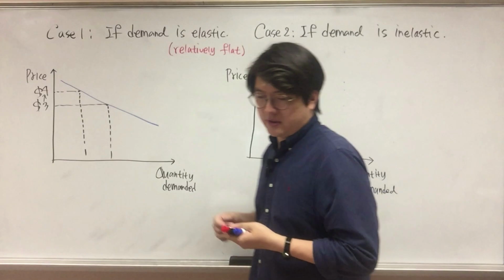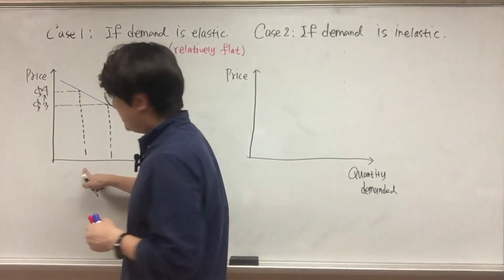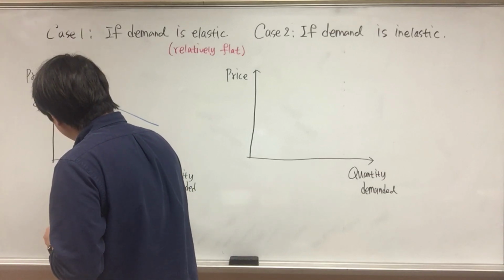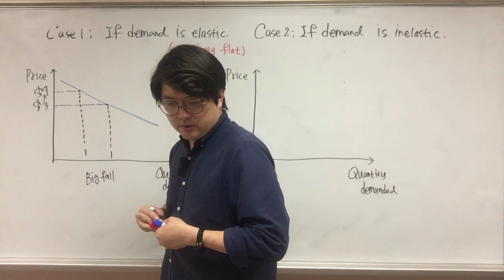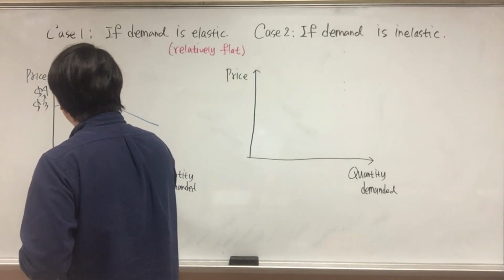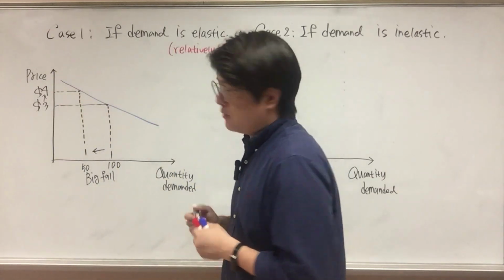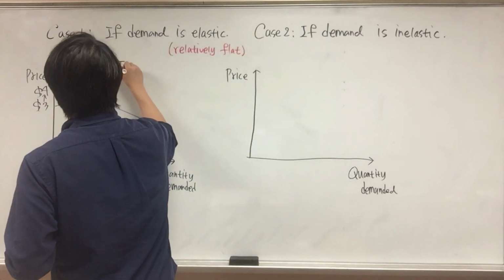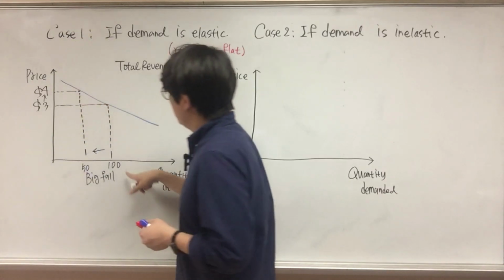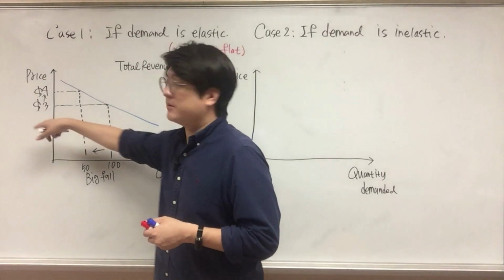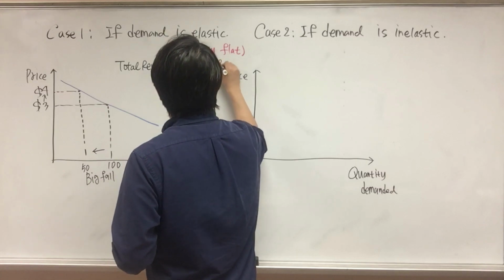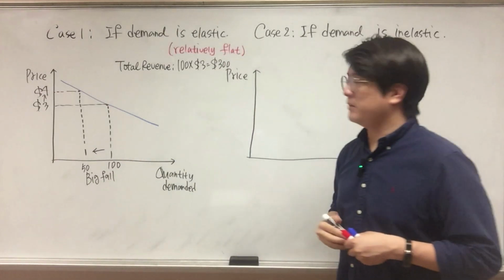So I will show you what happens. Let's look at this one, 50 and 100. So what is the total revenue at first? 100 times $3, we have $300, correct?